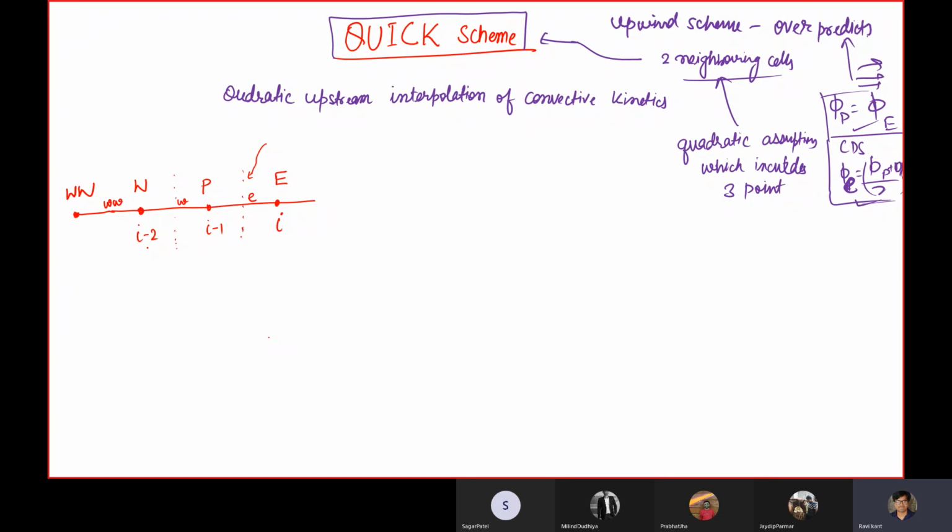Or let me be more specific this time. This would be the ith node, this would be I plus 1, this would be I minus 1, and this would be I minus 2.